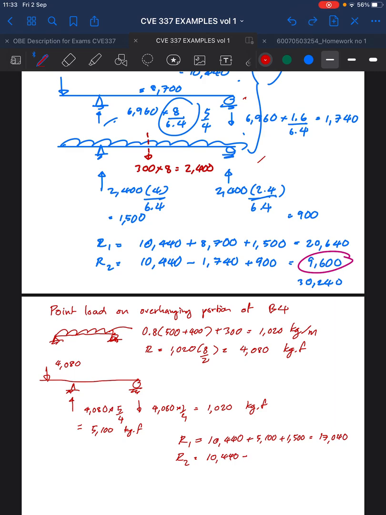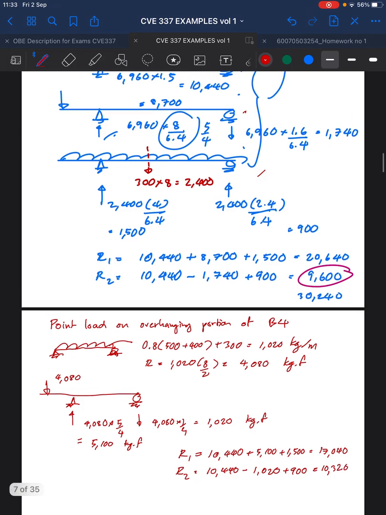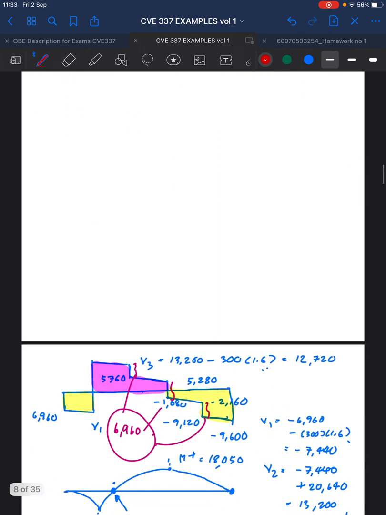Yeah. Okay, one moment. That's 10,320. Okay, so we're just going to have to reanalyze our beam, no big deal.